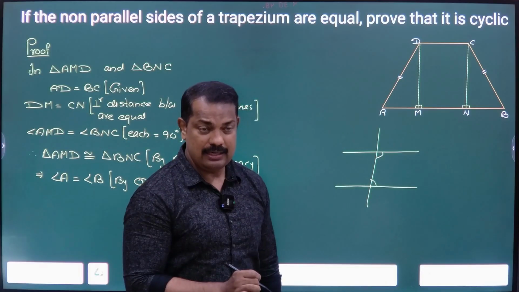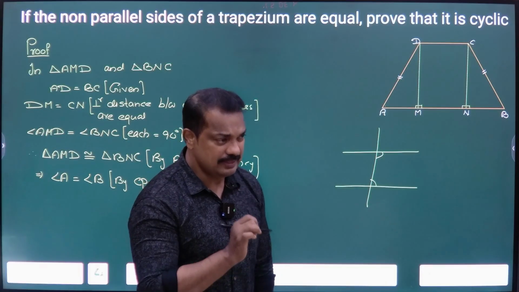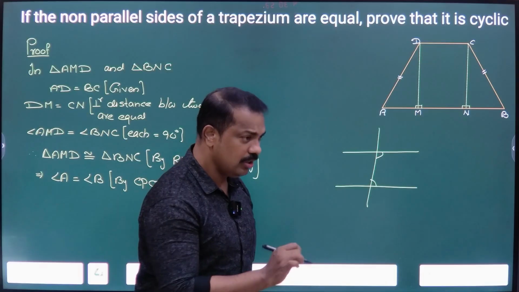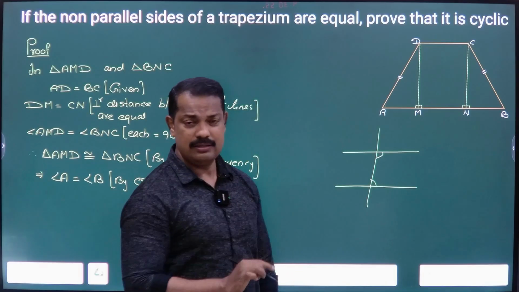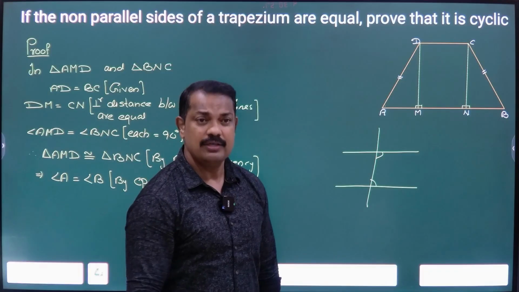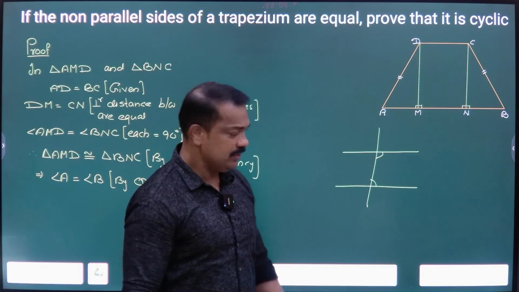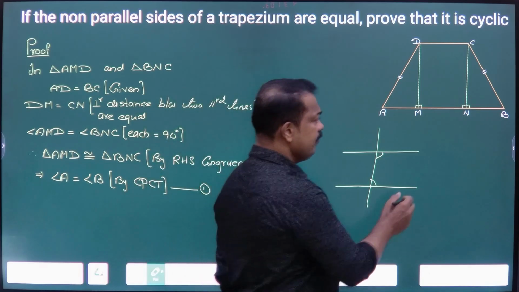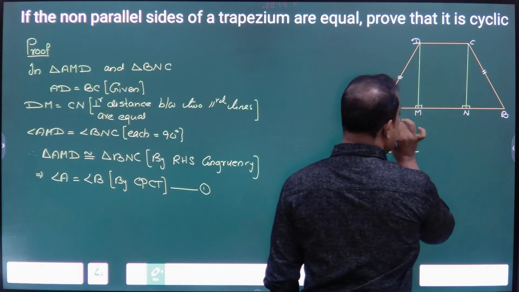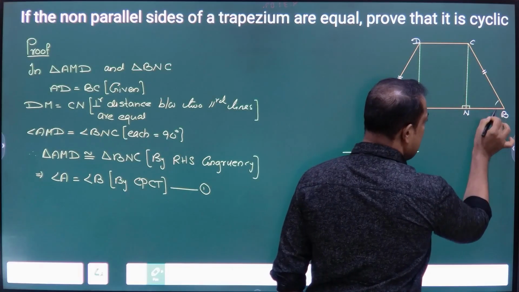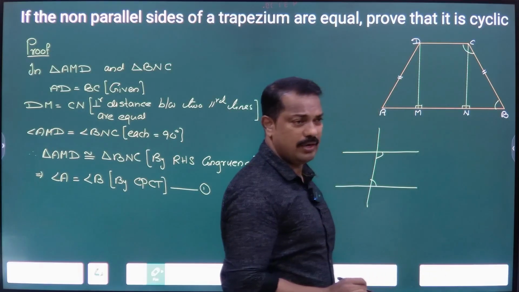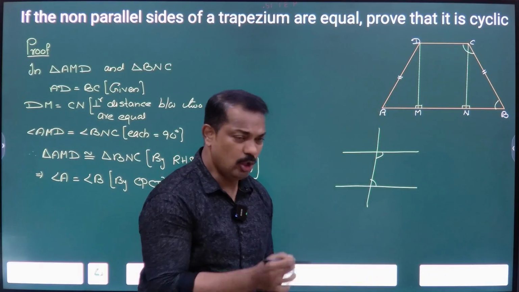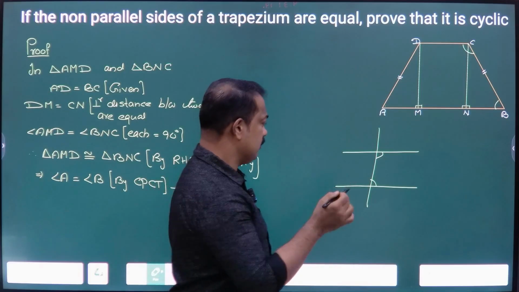Co-interior angles are supplementary, 180 degrees. The sum of these two is always 180. Same way, look, AB and DC are parallel, so these two angles are co-interior angles. The sum of these two will be 180 degrees. Write it down.